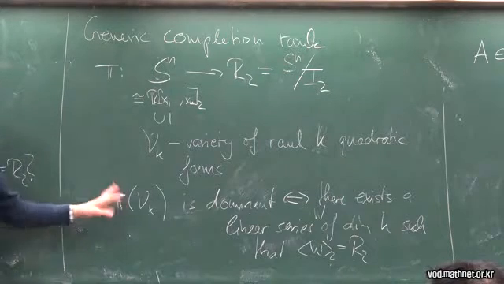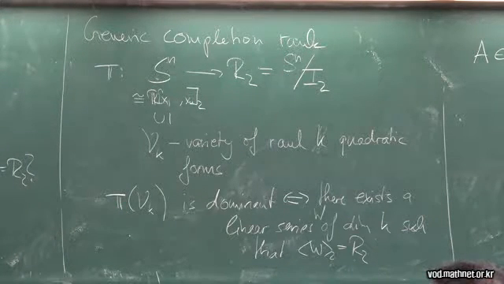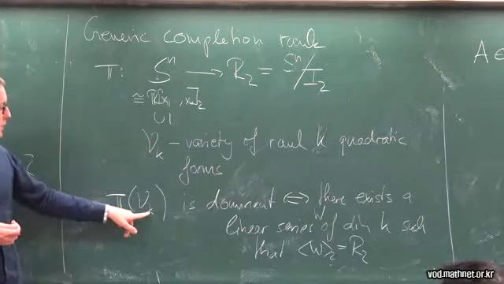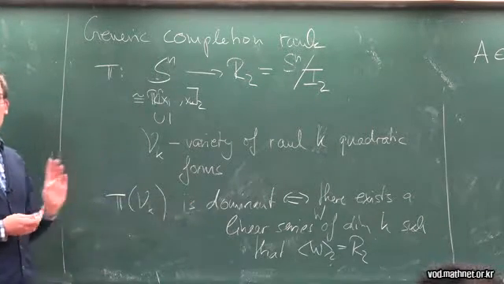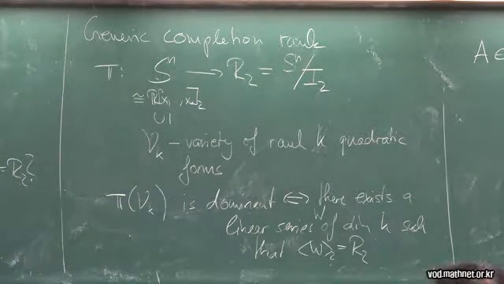And that number seems to be not so easy to detect, even given the combinatorics of the graph. Say I give you the graph, tell me what is the smallest k such that this is dominant; that seems to be a complicated question. So in the case of quadratic square-free monomial ideals, this is a particularly nice number.